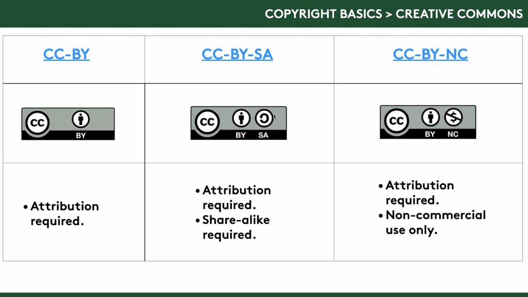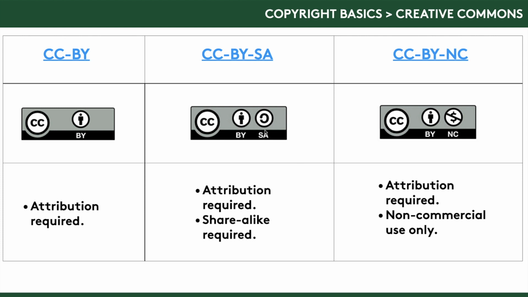So Creative Commons, you can look up licenses by their lettered abbreviations. So for instance, the most basic Creative Commons license is CC-BY. And that means that simply the only thing you need to do in order to use this material is give attribution. You need to give the person credit.